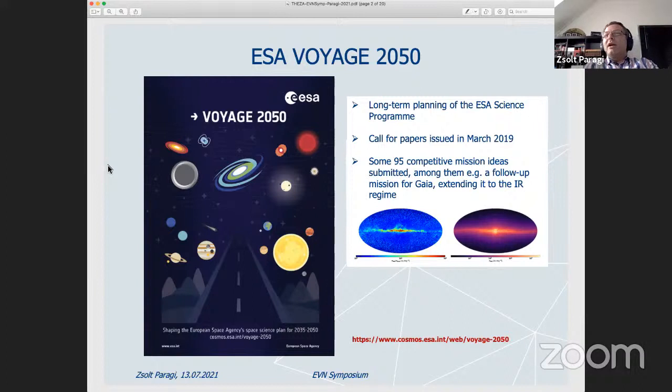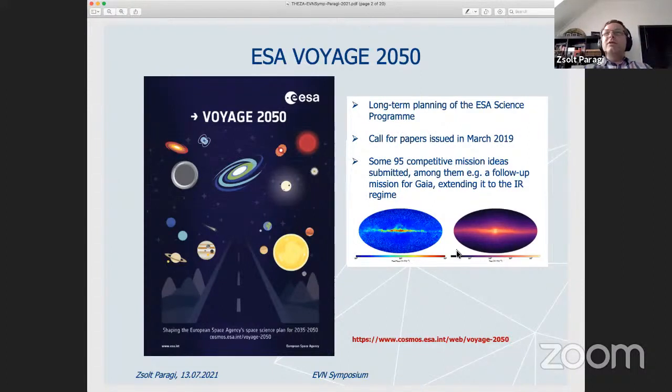Just to mention one, there was a proposal to continue the Gaia mission, to go much deeper and also to longer, near-infrared wavelengths, so you can detect stars that are obscured in the optical regime.